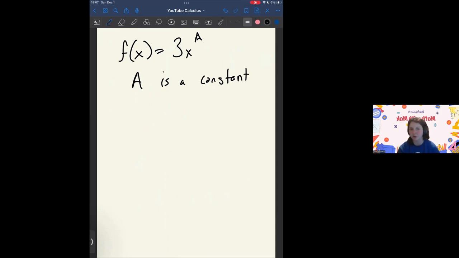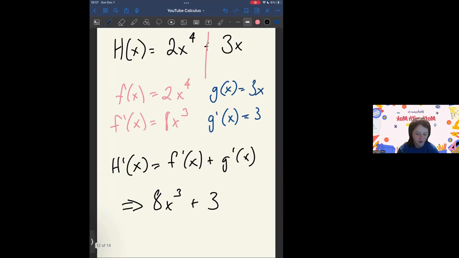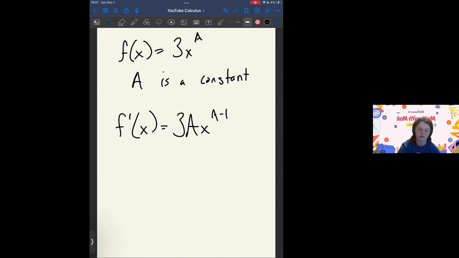It just represents something, right? a could be 4, a could be 4,000. It doesn't really matter. So the way we would want to treat this is like the power rule, where we have 3a x to the a minus 1. But if we're told that the a should be included, we know we're going to have to use implicit differentiation. And we're not going to touch on that in this video. I'll make a different one. So let's try another.